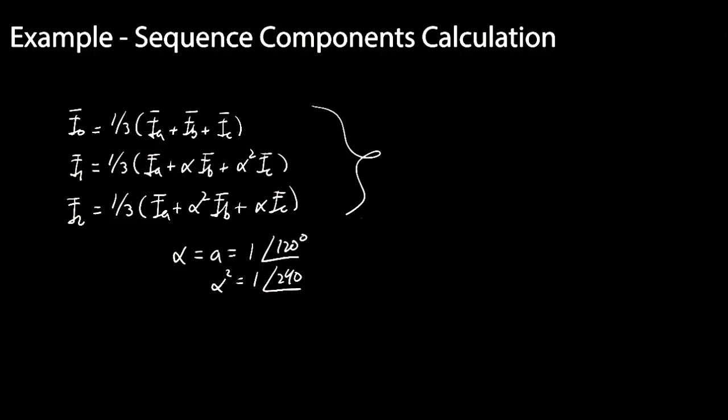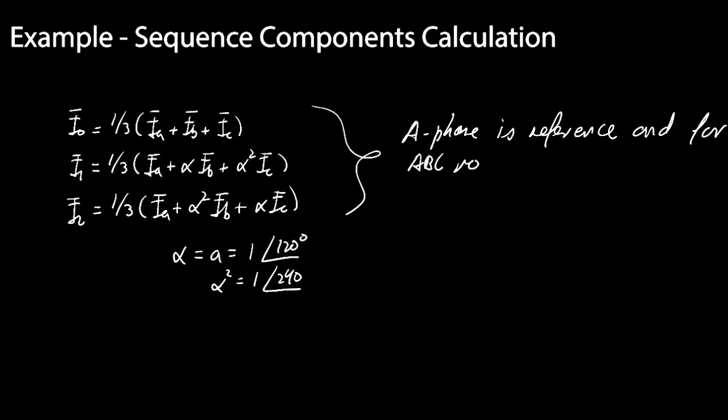Now these equations, a quick point that I want to make is that these take A phase as the reference, and they are for ABC rotation systems. That's very important. So these equations take those two things into assumption.